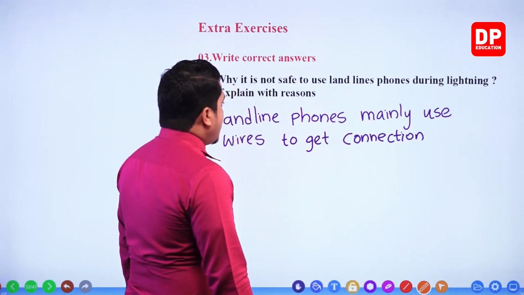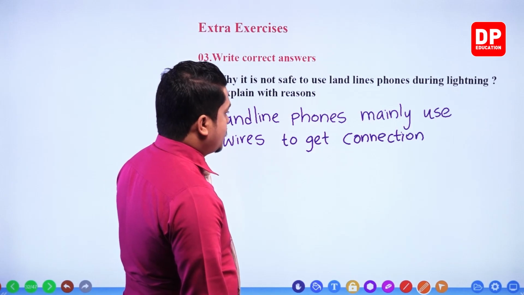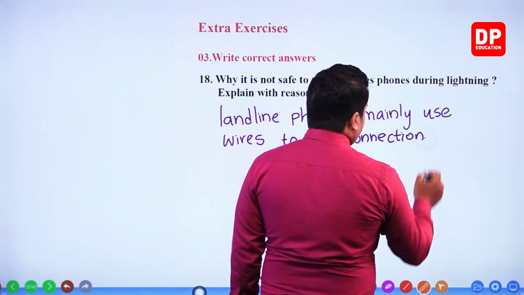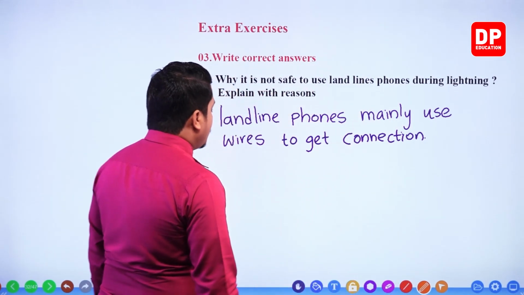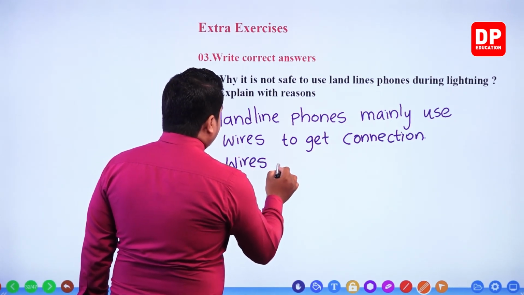Right? Landline phones mainly use wires to get connection. Wires are good conductors of electricity.